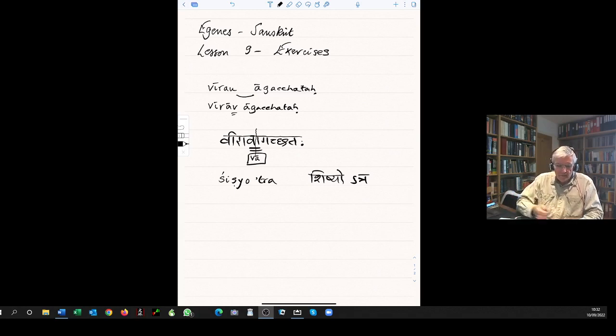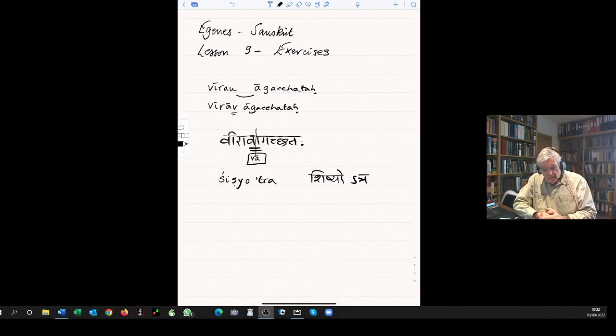Sentence F, Devah smaranti. The gods remember. No sandhi to be applied here, or rather by applying sandhi there is no change, because we've got the visarga, the ah followed by an S, and so it remains unchanged.